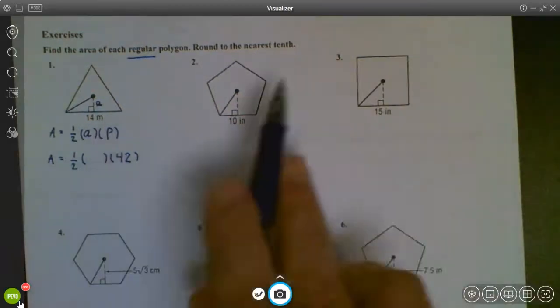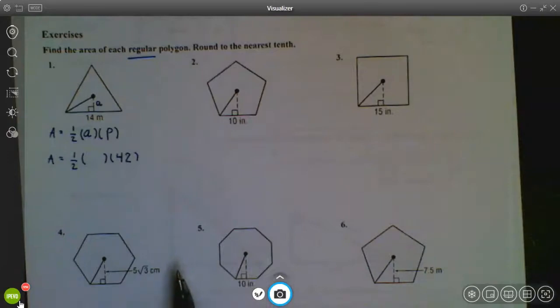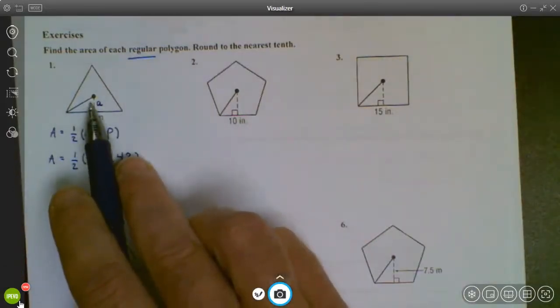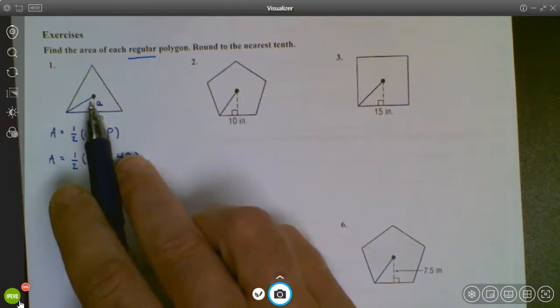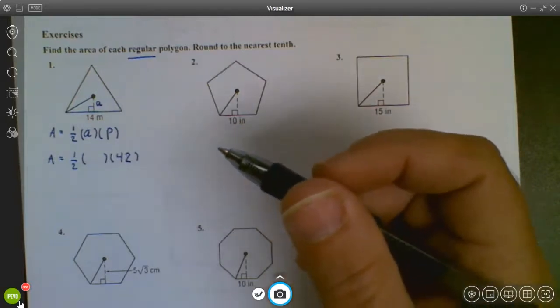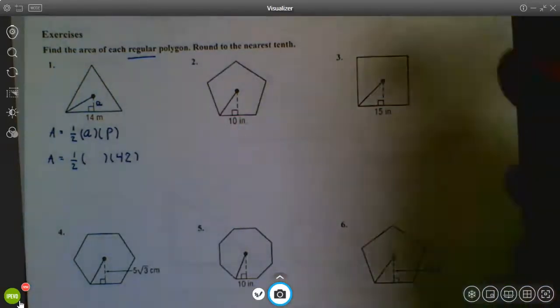So one approach, again, that we can always take for any regular polygon is to start with this angle right here, which we know as half of a central angle. So the central angle for any regular polygon is where you would do 360 divided by the number of sides. Right? That's something we talked about in part 1 of this lesson.